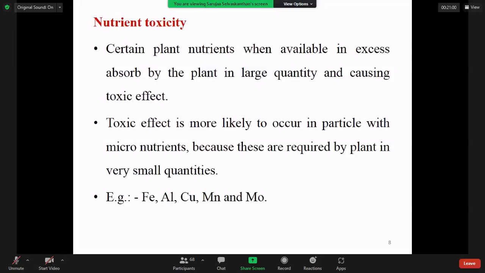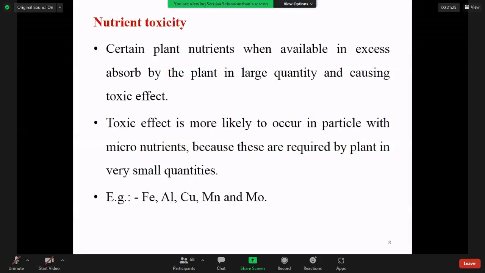Okay, certain plant nutrients, when available in excess, are absorbed by the plant in a large quantity, causing a toxic effect. Due to the large quantity in the soil, they are also absorbed by the plants at a maximum level. These situations are called nutrient toxicity.